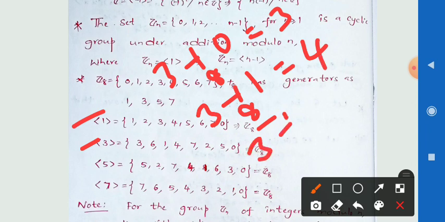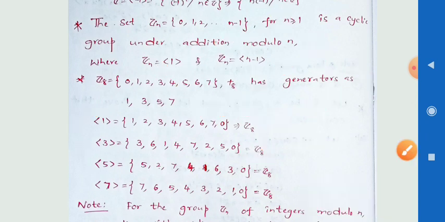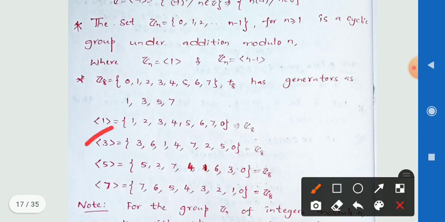Similarly 3 addition modulo 8 plus 2 we get 5. Like this we get the values of generator 3. The generator 3 values are 3 6 1 4 7 2 5 0. Similarly the generator 5 values, similarly the generator 7 values.